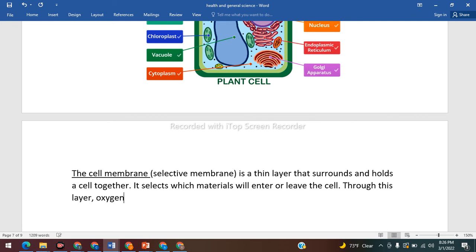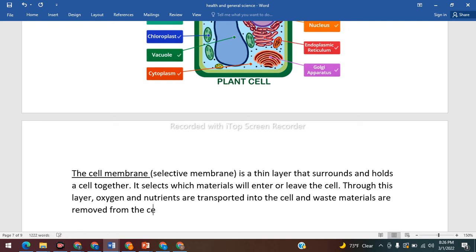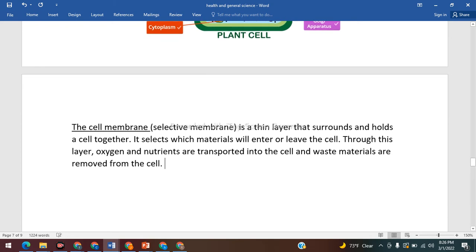Oxygen and nutrients are transported into the cell and waste materials are removed from the cell. So materials come in and materials come out through the cell membrane.